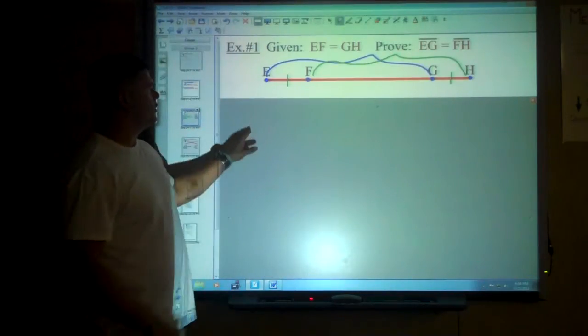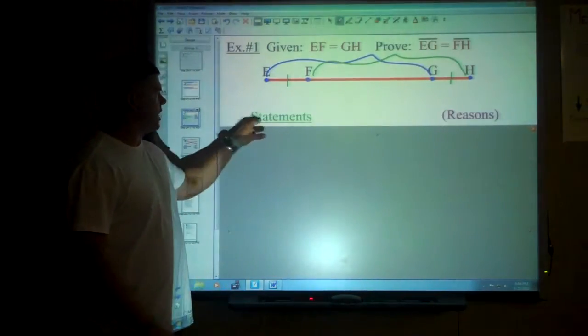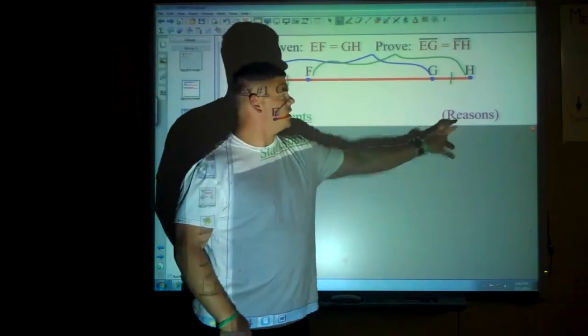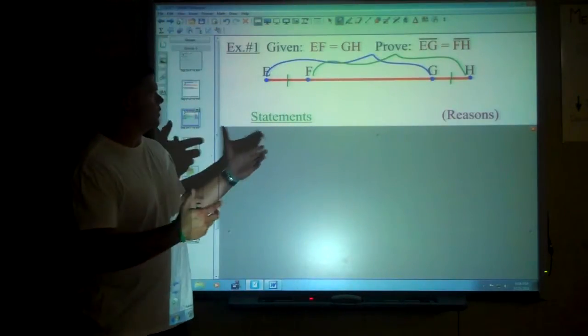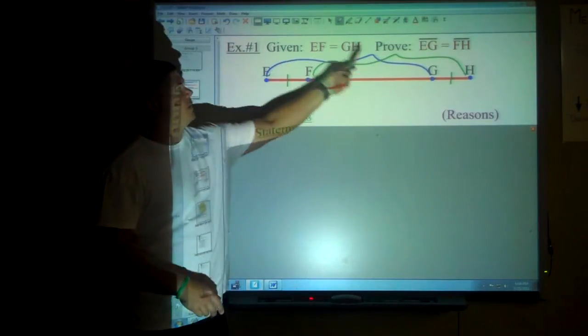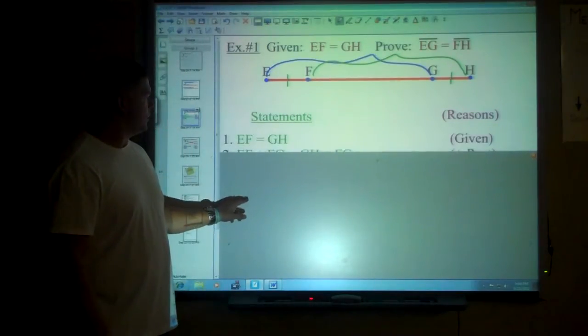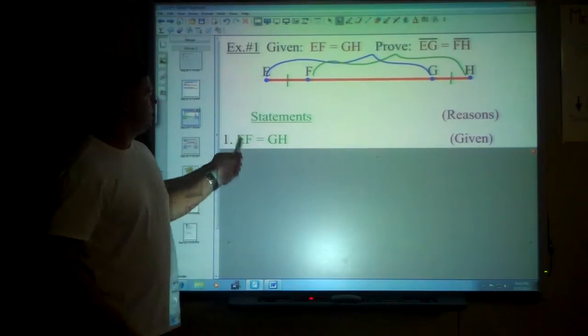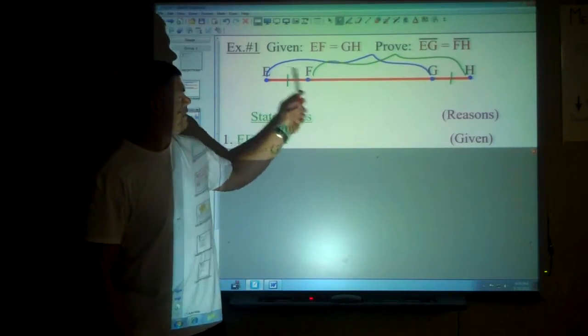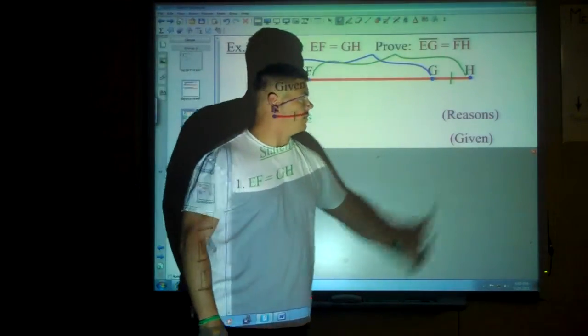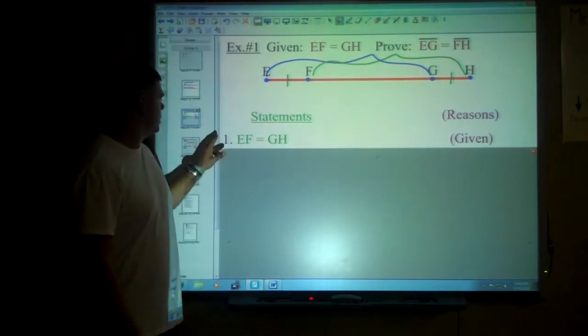So for a two-column proof, we'll have our statements, and then over here in parentheses I'll put the reasons. So our first statement probably is going to deal with something that we have given to us. So we have a starting point in the problem, and we would say that EF is equal to GH. So EF is equal to GH because of the given information. It gives us a starting point.